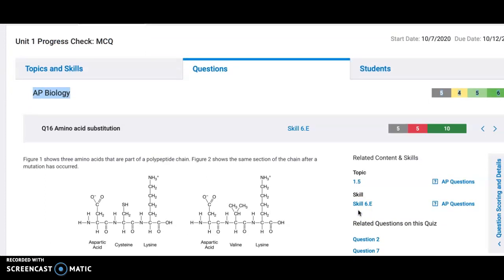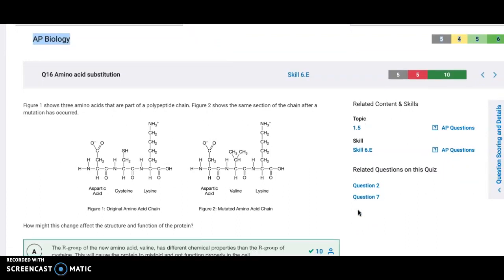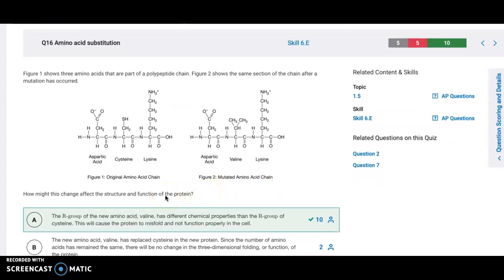Amino acid substitution shows amino acids that are part of a polypeptide chain, showing the same section of the chain after a mutation has occurred. So we have aspartic acid, cytosine, and lysine versus aspartic acid, valine, and lysine. And the question is here, how might this change the structure and function of the protein? Again, this is primary, secondary, tertiary.